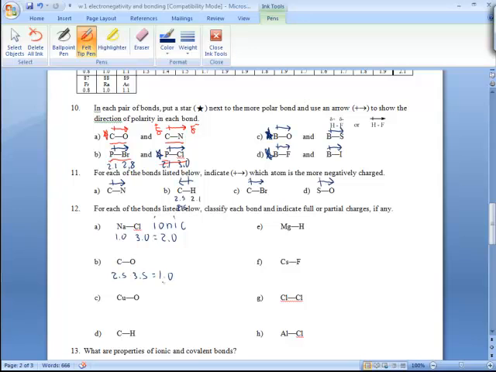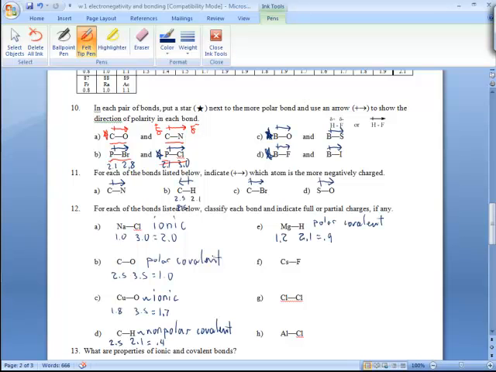And if it's between 0.5 and 1.7, it's going to be polar covalent. So I bet you can go on and do the rest of those. Now here in E, we see an example where we actually have a metal, magnesium, bonded to hydrogen, and in that case the electronegativity difference is low enough that it's still going to be classified as a polar covalent bond.